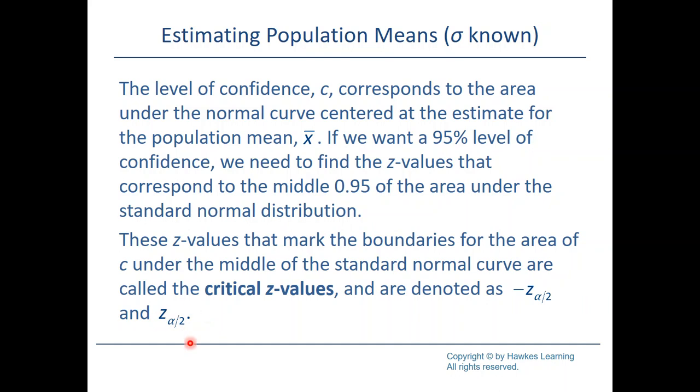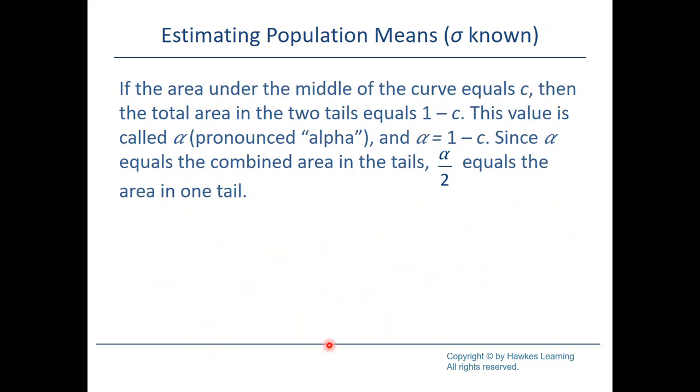Now, where does alpha come from? If the area under the curve is considered to be C, our confidence level, then the total area in the two tails is going to be 1 minus C, and we call that value alpha. So alpha is the complement of C itself.